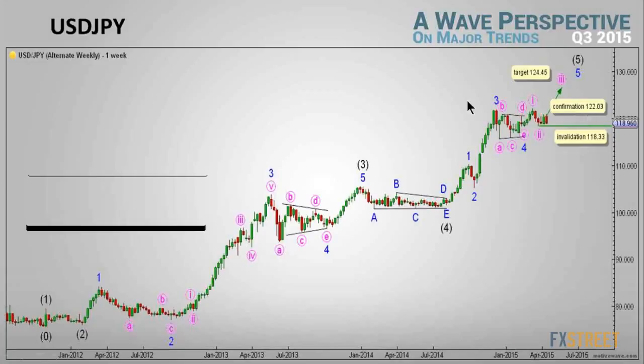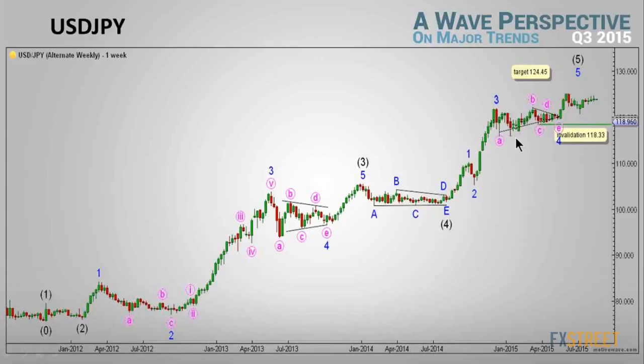Dollar yen unfolded as expected, moving toward the upside to reach its target at 124.45 and exceeding it before reversing directions and moving in a sideways manner.